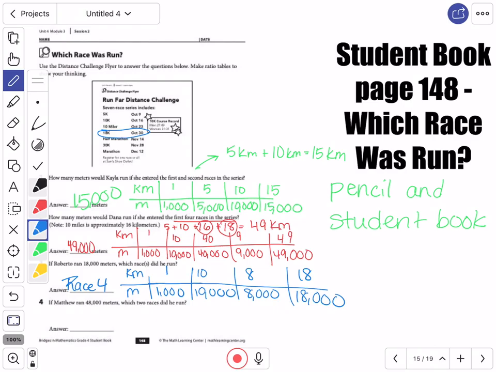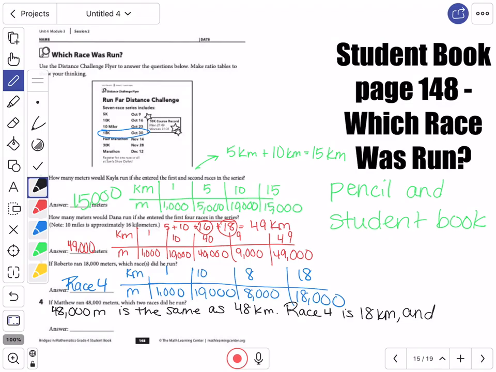Okay, and then finally, if Matthew ran 48,000 meters, which 2 races did he run? Well, 48,000 meters is the same as 48 km.